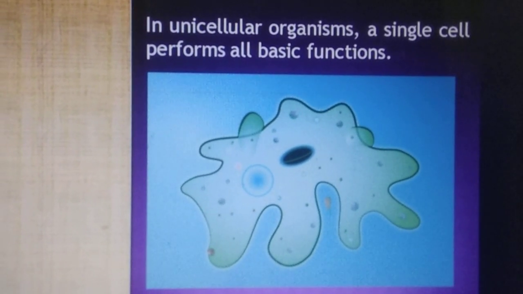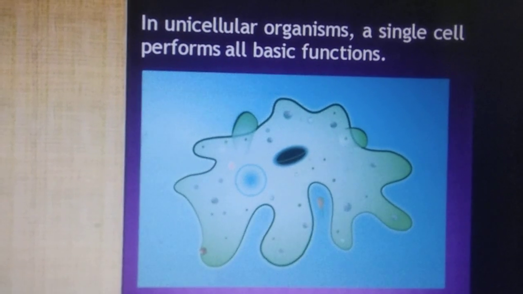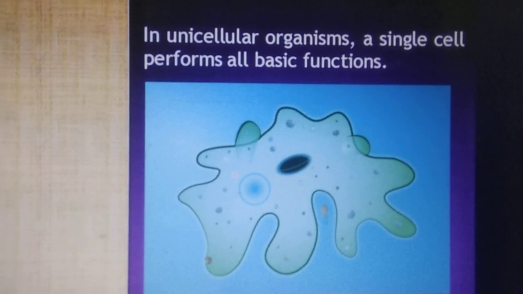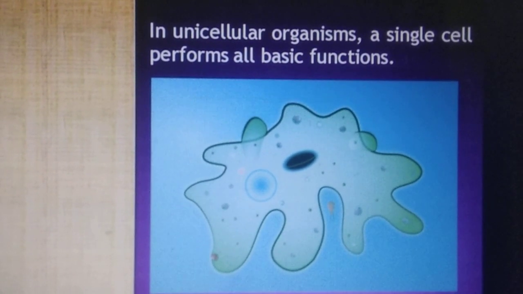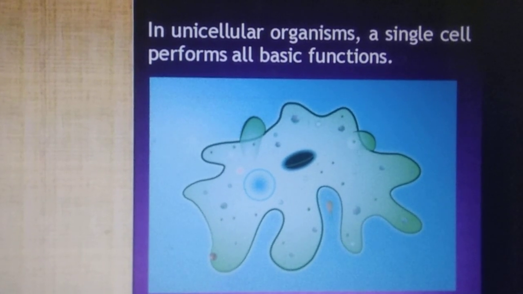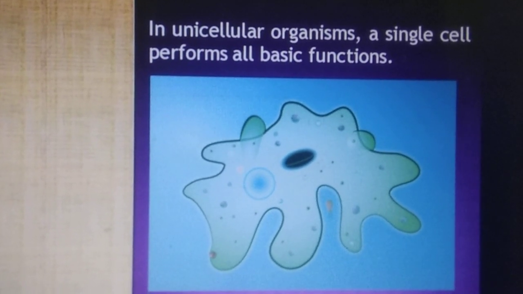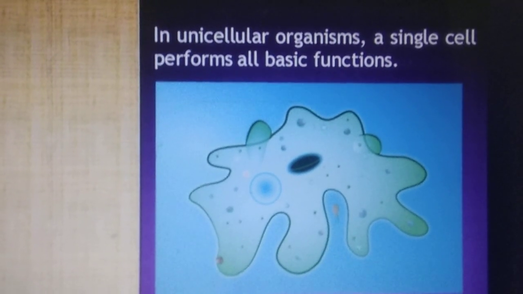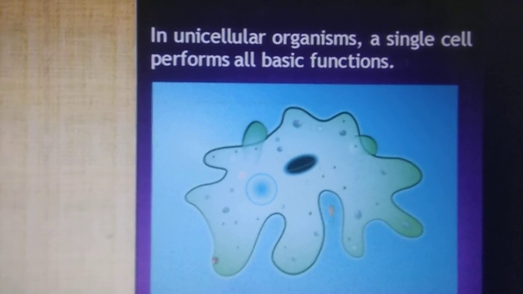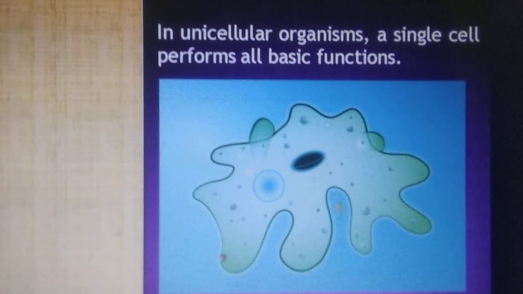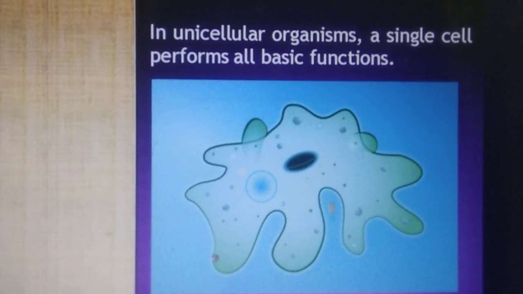Here I have given the example of amoeba. This is an amoeba which you are watching on your screen. Amoeba is a single-celled organism, and all the functions like intake of food, respiration, exchange of gases with the environment, excretion, everything is done by this single cell.